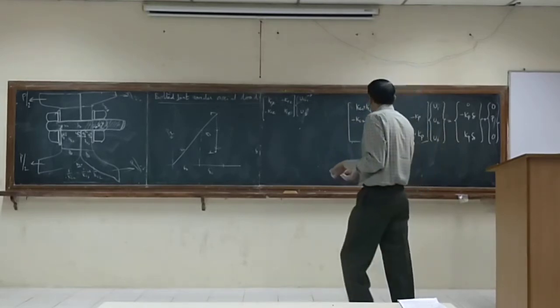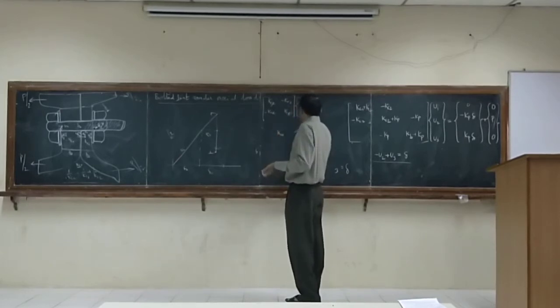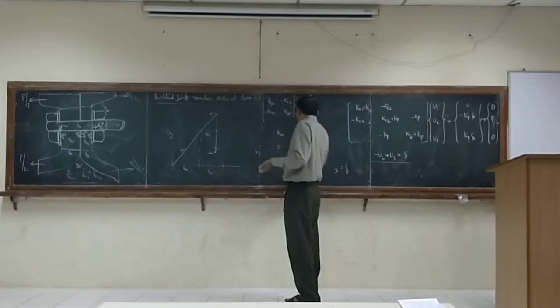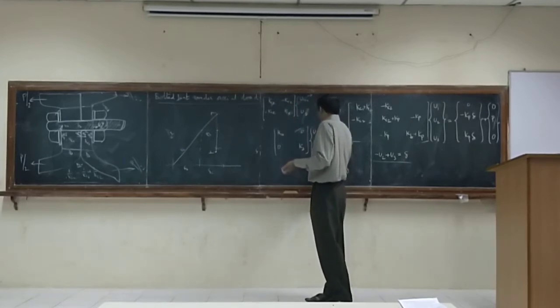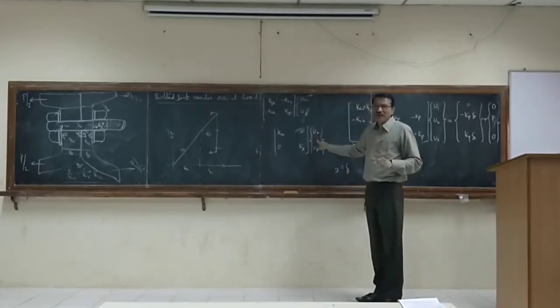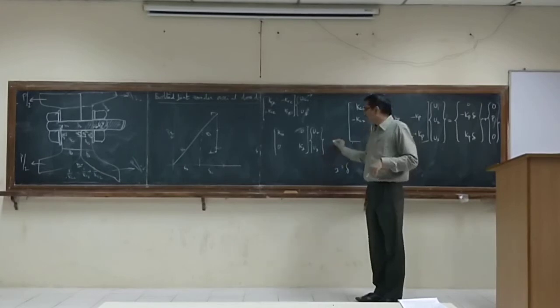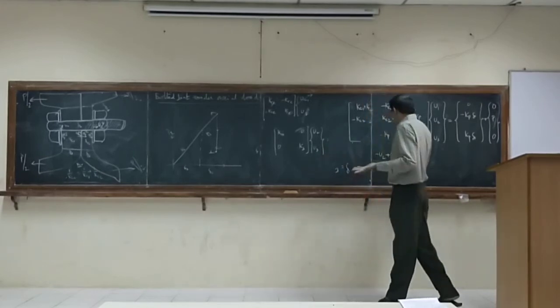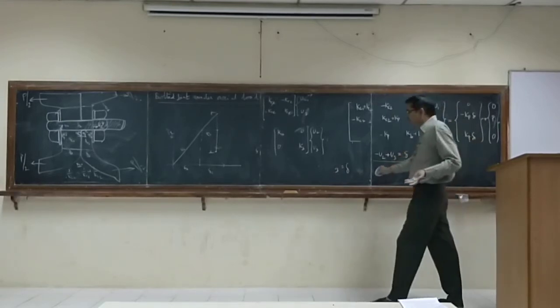In such a case, this becomes Kc equivalent here, and here this is 0, 0, Kb, and this will be U2 and U3. This U2 is nothing but the compression of the component, and this is the tension of the bolt. And now the constraint equation is the same constraint equation, minus U2 plus U3 equal to delta.